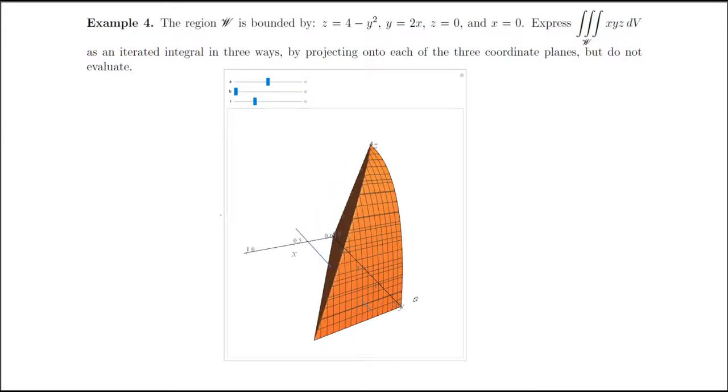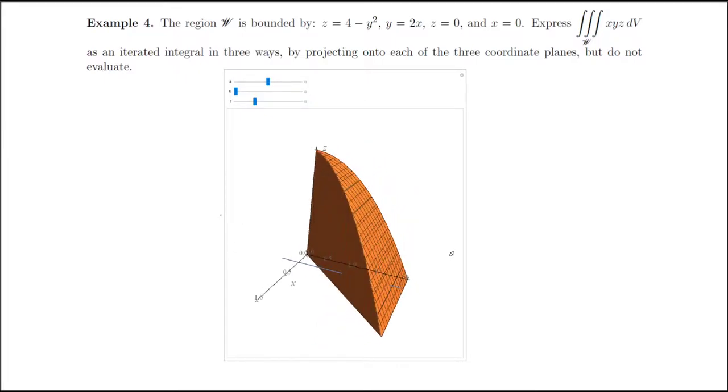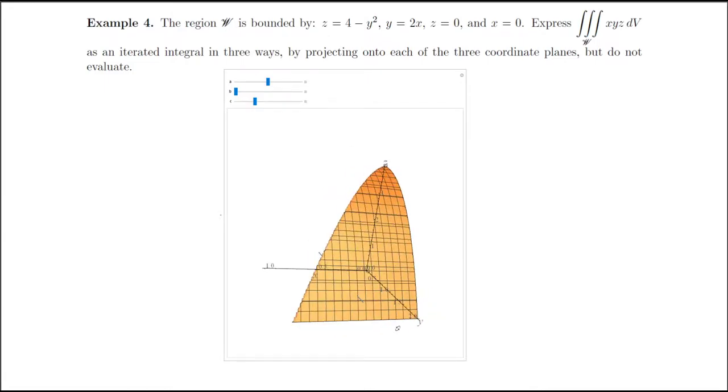So now, notice here that the top surface, in other words, what surface is farther in the positive y direction?